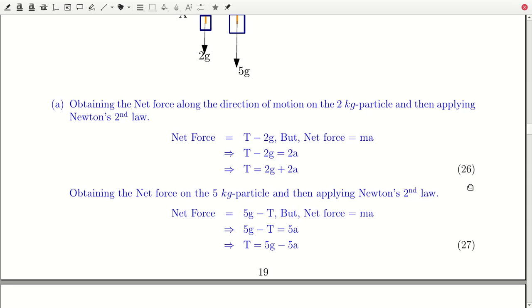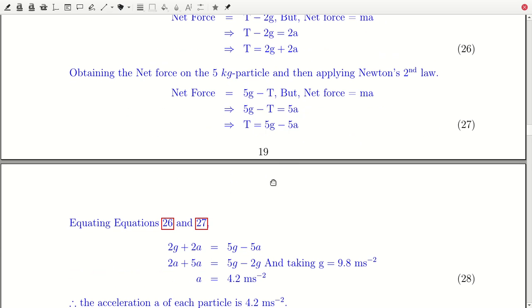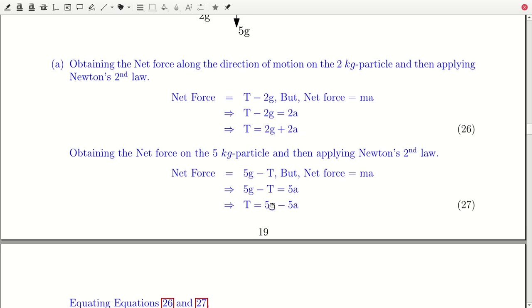method. For example, if I subtract equation 26 from 27, this is what I get. I will get 5g minus 2g, which is 3g, then this minus this, which will be minus 7a. So 0 equals 5g minus 7a.